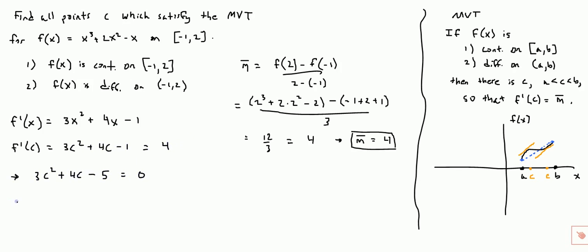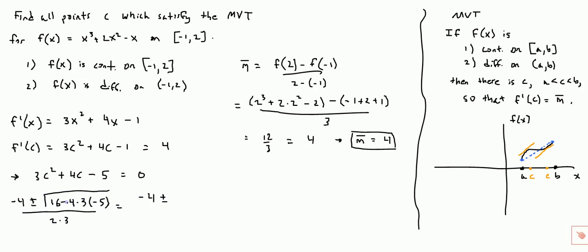So it's going to be negative b plus or minus the square root of b squared minus 4ac, all divided by 2a. So that's negative 4 plus or minus, okay, we got 16.